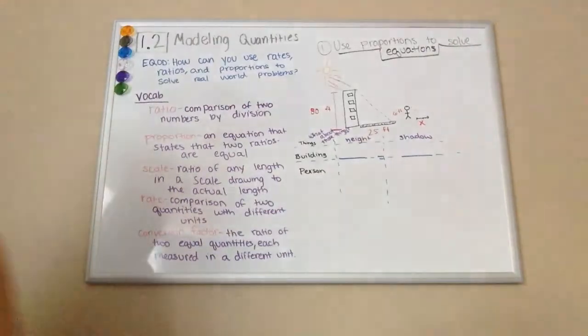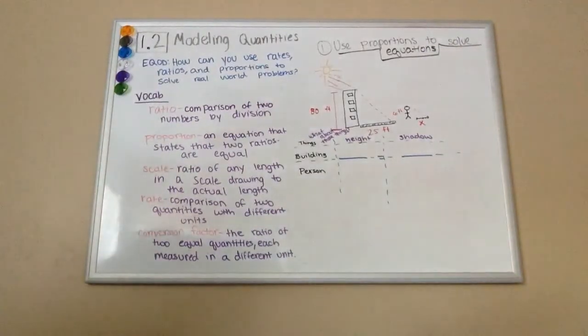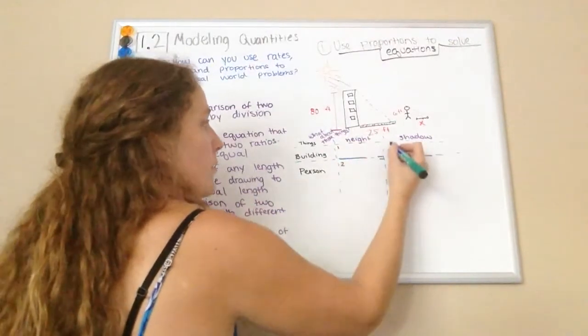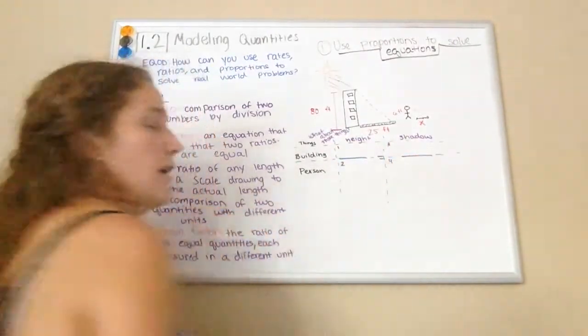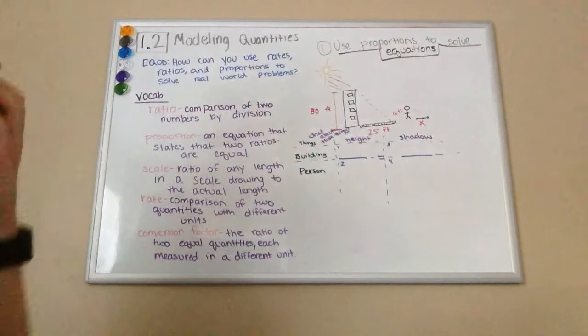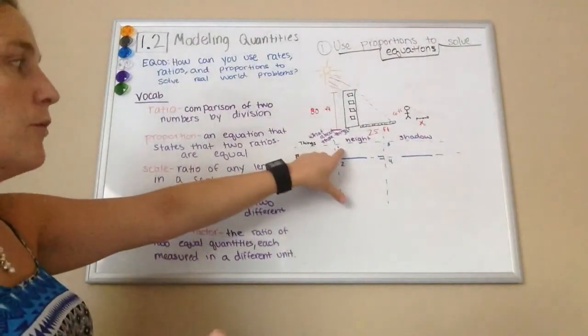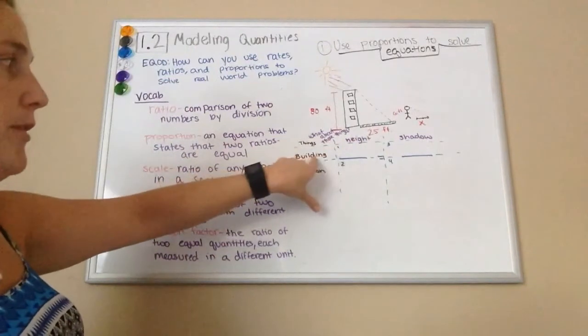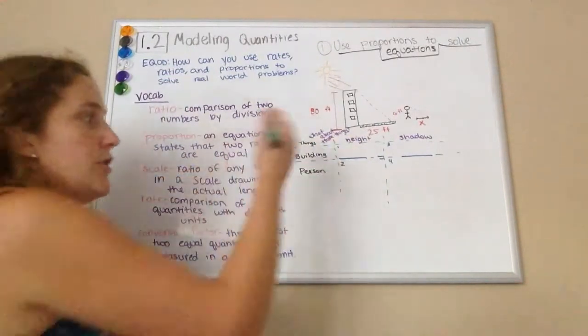Okay. So when we are filling in each box, right, we have box 1, box 2, box 3, and box 4. I'm labeling them just for us to get through this. In box 1, we're going to put the building's height. It's right there. That's the building's height, which is 80 feet.